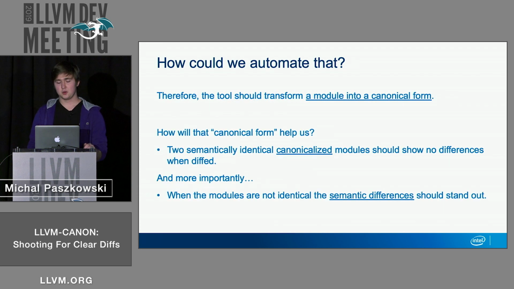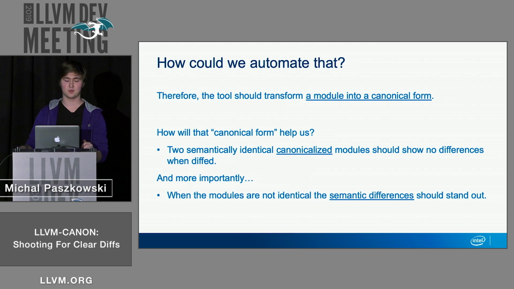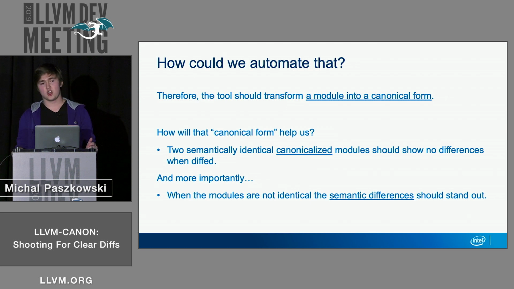So therefore, the tool should transform a module into a canonical form. Because the idea is that when we use the canonical form, two semantically identical canonicalized modules should show no differences when diffed. And more importantly, when the modules are actually not identical, the semantic differences should stand out.